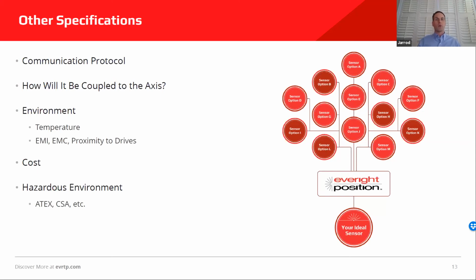So as important as the technology behind the encoders is, there's many other specifications you want to keep in mind, and they might help in driving the decision process. Most obvious is communication protocol. How are you going to talk to the encoder? How are you going to get that information that it's providing?